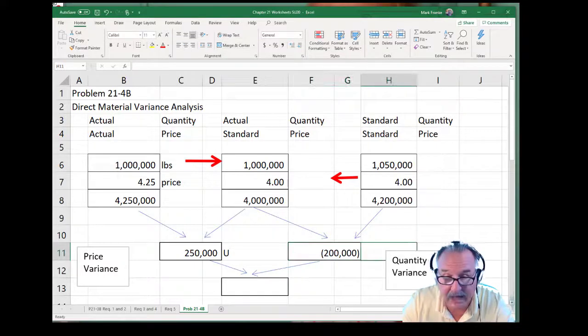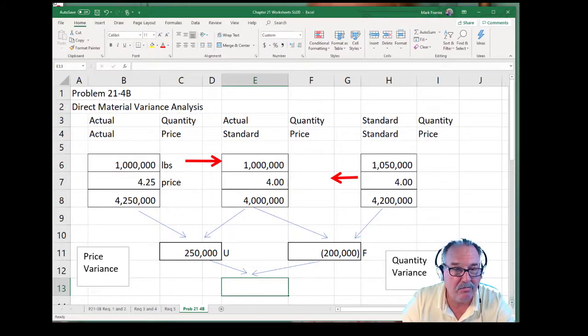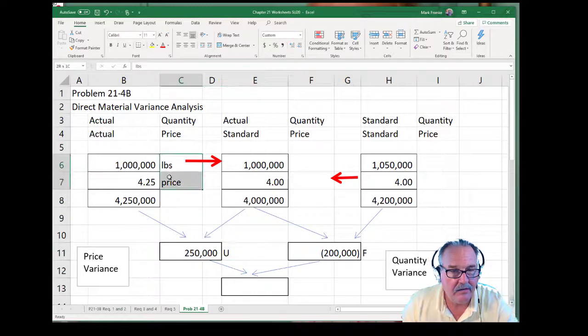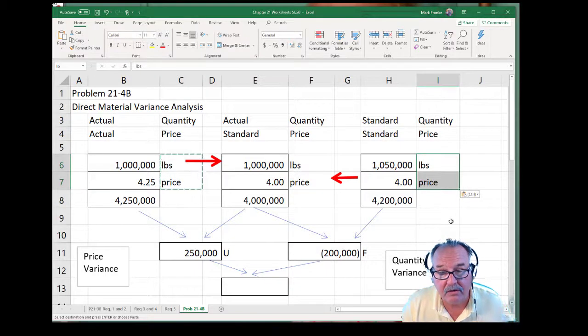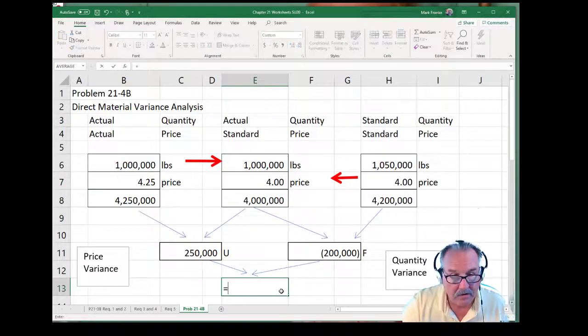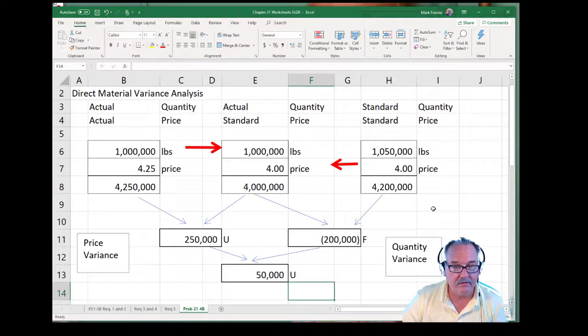So we have a favorable variance because of the quantity. We expected to use 1,050,000 pounds, and we only used 1,000,000 pounds. So when we combine these two variances, we have an overall unfavorable variance. But we saved money. We saved money on the quantity, but we paid more per pound.